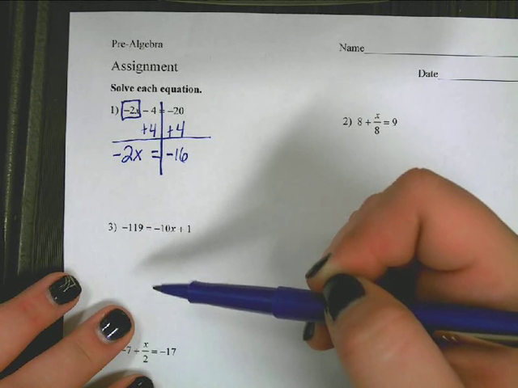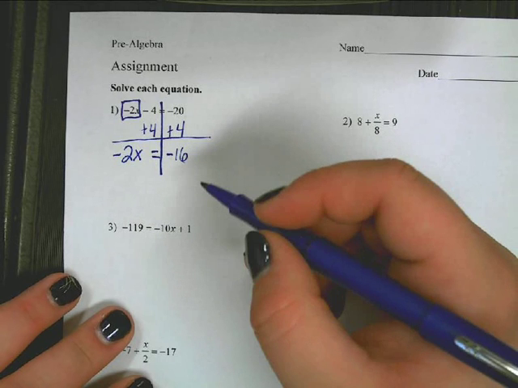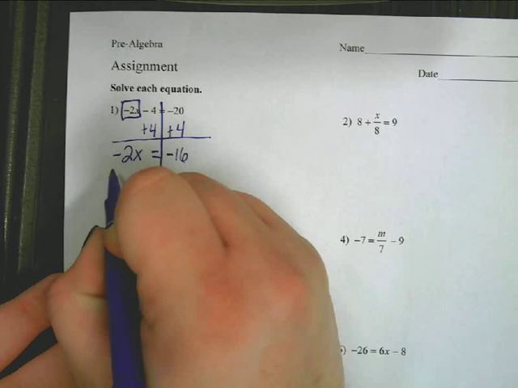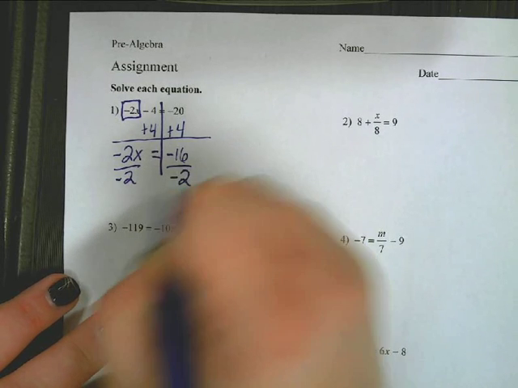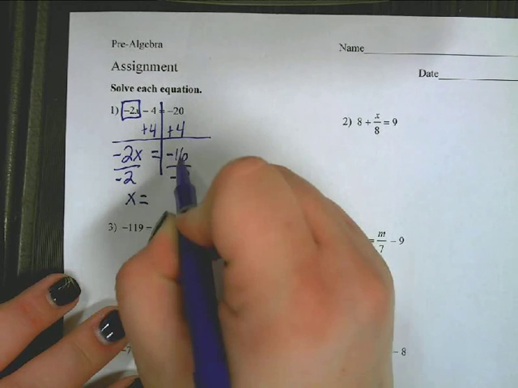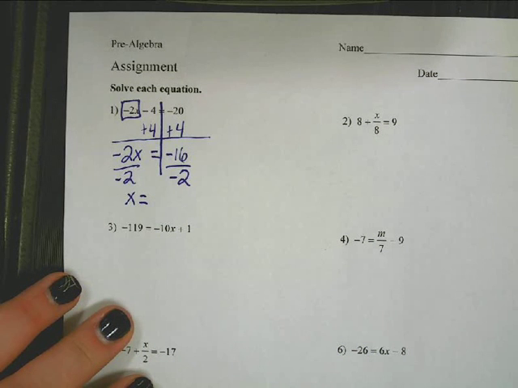Divide. What am I dividing by? Negative 2. So x is equal to negative 16 divided by negative 2. What's 16 divided by 2? Not times. 8.